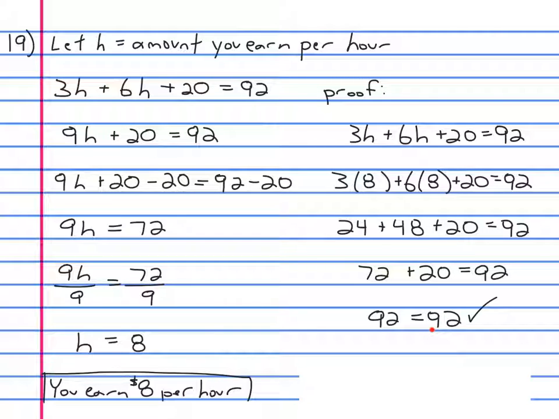Nothing should change about that all the way through. This gets simplified once the values are substituted in, and hopefully they're the same. But if you start out with equals 92 here and then in the answer, that's not what's down there, then you might have done something like add the same amount to both sides or otherwise do something that can happen over here but shouldn't happen here. If you don't know what I mean, come and check with me.